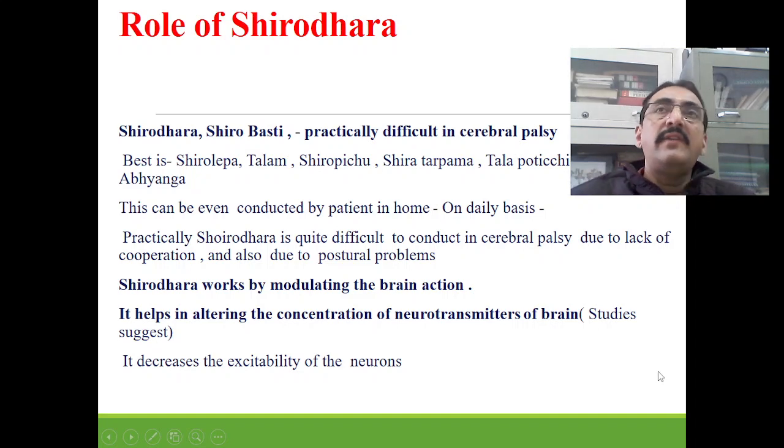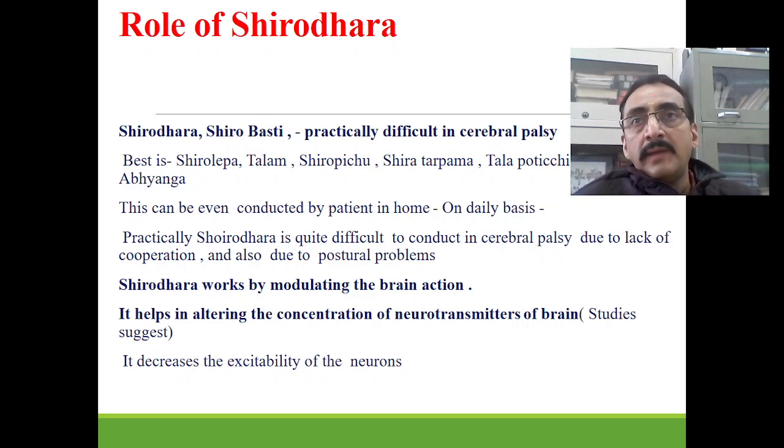Shirodhara is one more important method in case of cerebral palsy. But Shirodhara and Shirobasti are practically very difficult to perform in cerebral palsy. One issue is the postural problem, and also the irritation of the patient, spasticity, postural problems, and lack of cooperation.